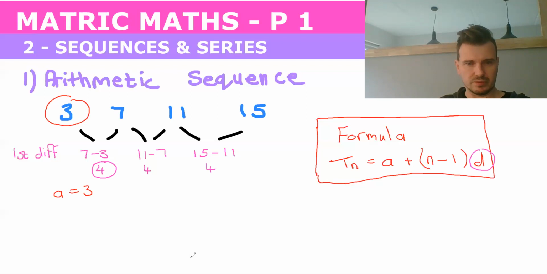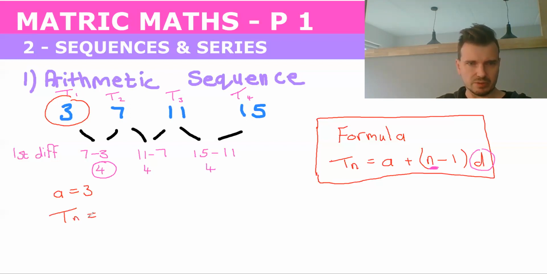So we can think of these terms as T1, T2, T3, T4, and so n just goes up. So n changes depending on which term in the sequence it is. And so you could work out this arithmetic sequence by simply putting the formula and plugging it in.